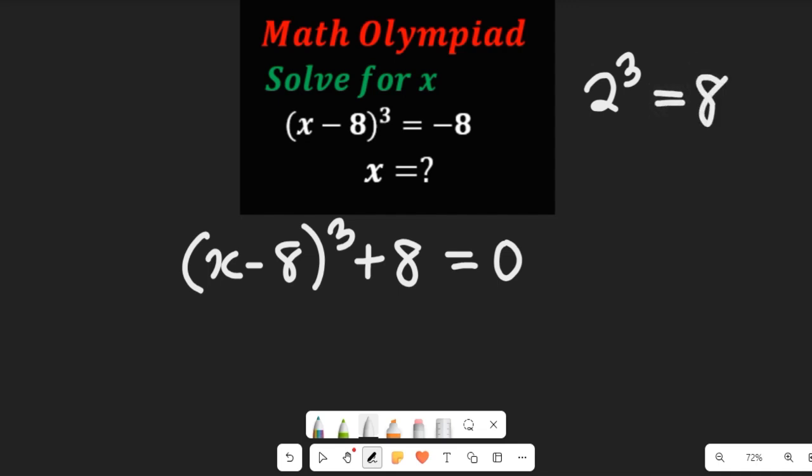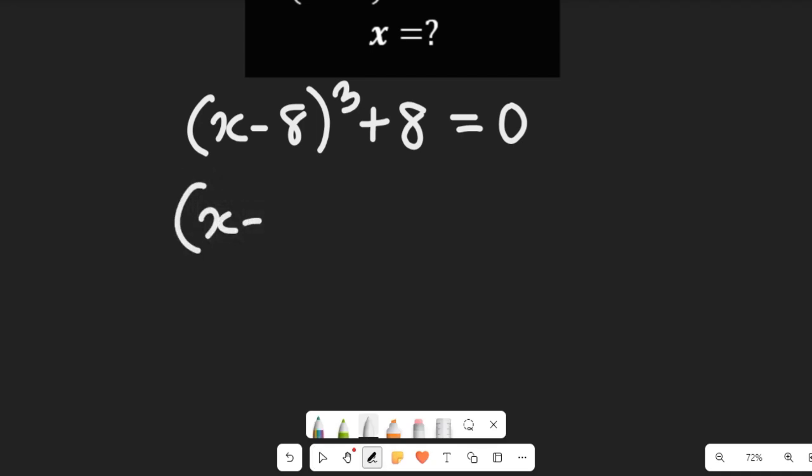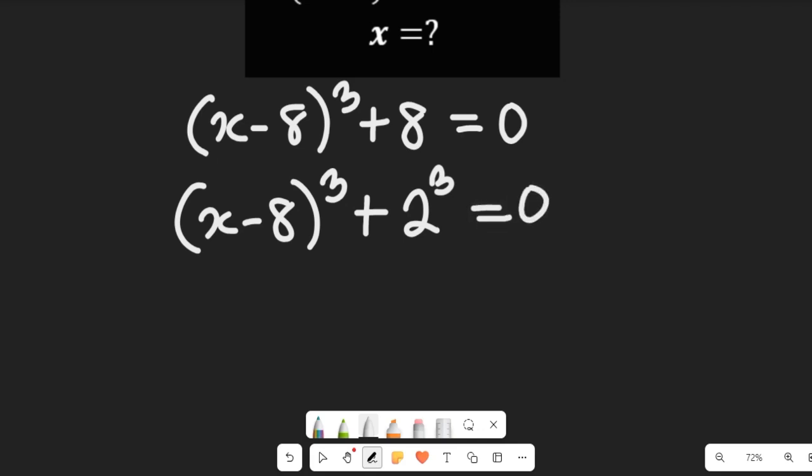So we're going to adjust that to become (x - 8) all to the power of 3 plus 2 to the power of 3 equal to 0.